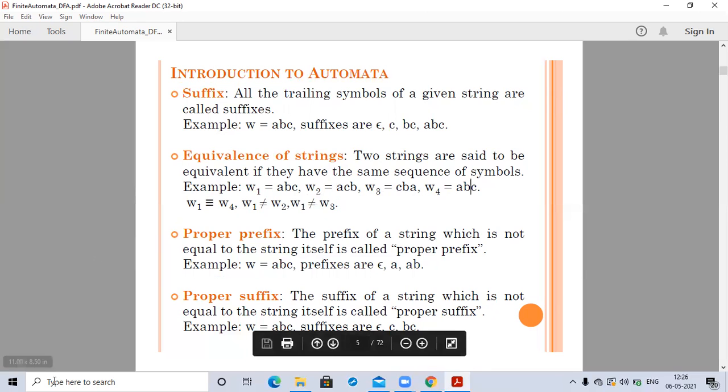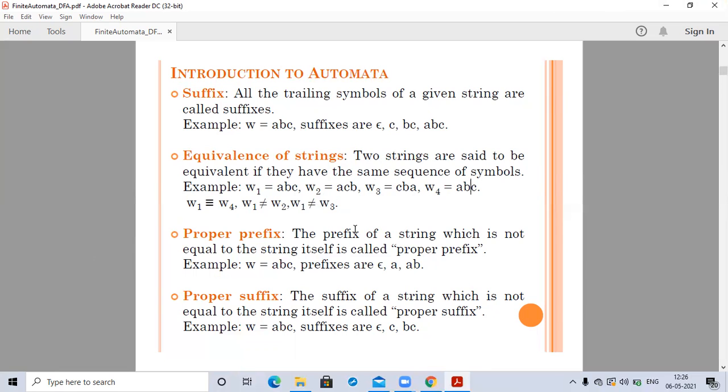Based on the definitions of prefix and suffix, we need to consider two more new terms: the proper prefix and proper suffix. A proper prefix is a prefix of the string which is not equal to the string itself.